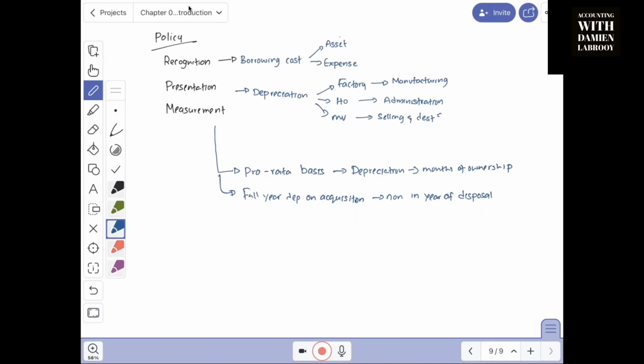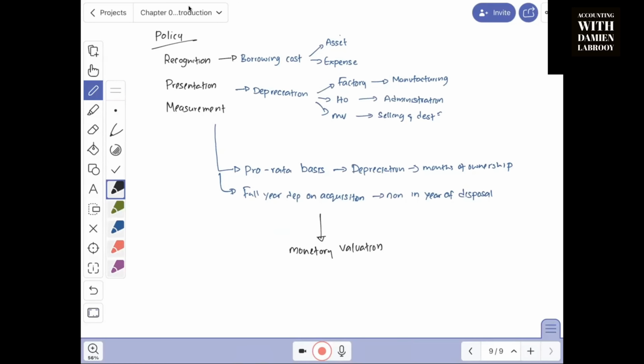Now, bringing in estimates, an estimate is basically the monetary valuation of your measurement basis. You can charge depreciation based on the pro rata basis or the full year depreciation on acquisition and none in the year of disposal, whatever policy you select. But you need to be able to value your depreciation.